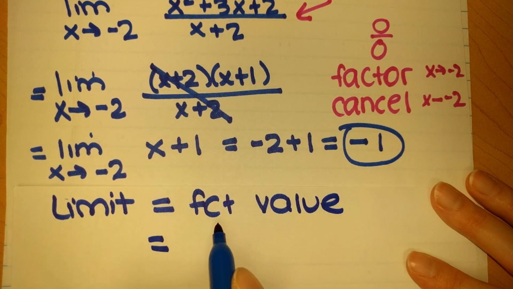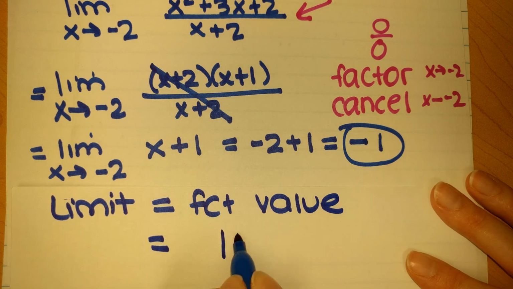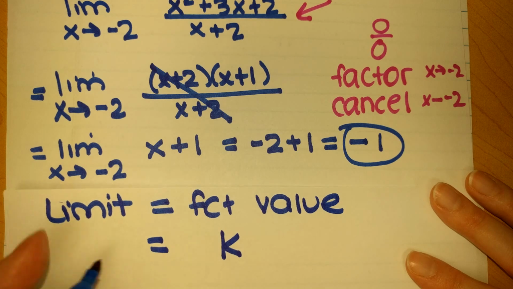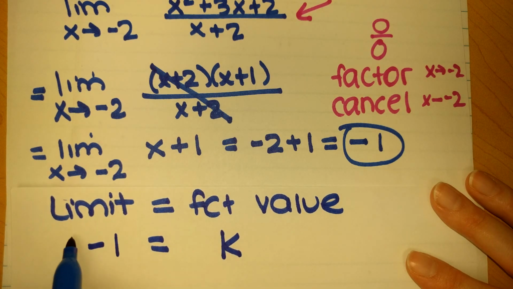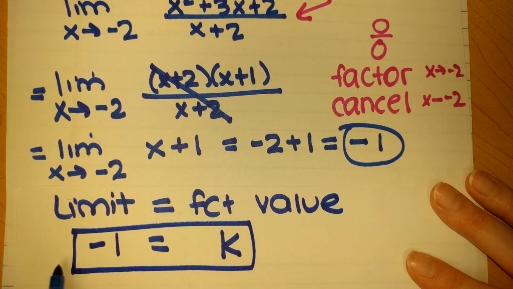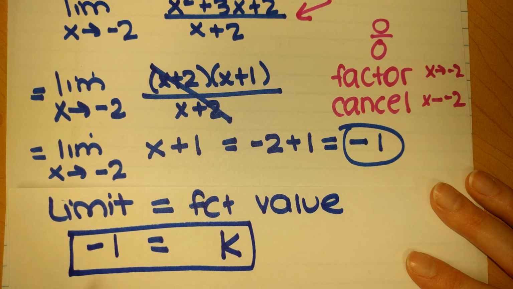So in the first part, we found that the function value was k at x equal to -2. We found that the limit was equal to -1. So that is telling us that we need to pick k equal to -1 for the function to be continuous.